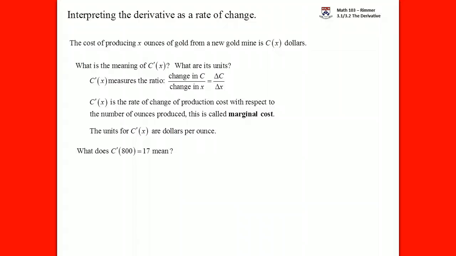And it'll give you a number based on the dollars per ounce. If I say it's equal to 17 at a particular X value, we want to say what it means, not just be able to compute it. I don't have the formula in front of me. I don't really know how to take the derivative other than the definition. But what does it mean? That's what we want to take out of this slide here. If I say the derivative at 800 is 17, I want you to translate 17 to a fraction.